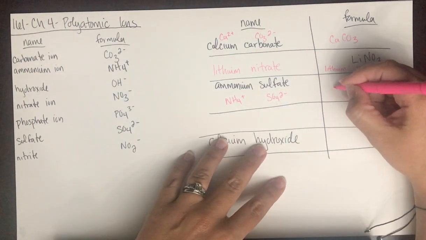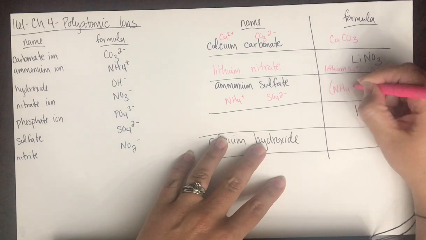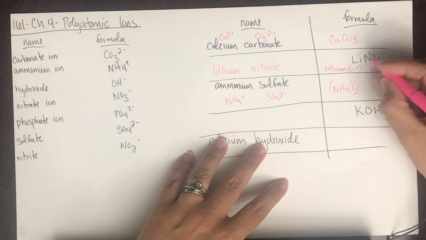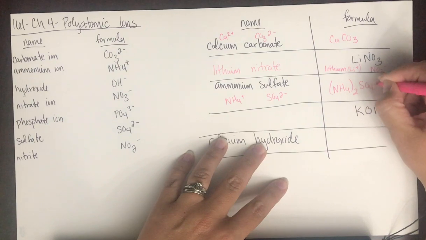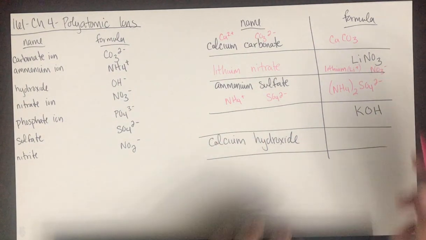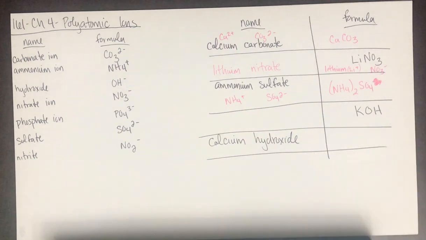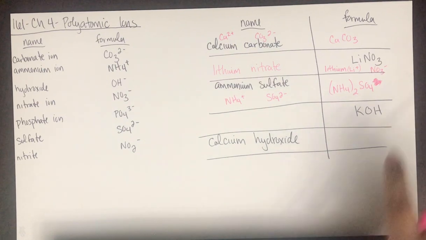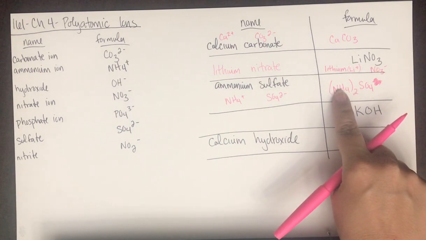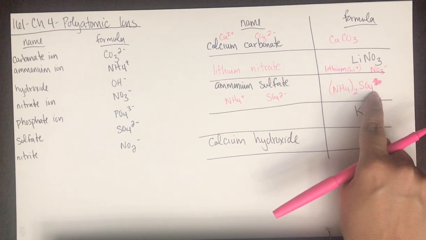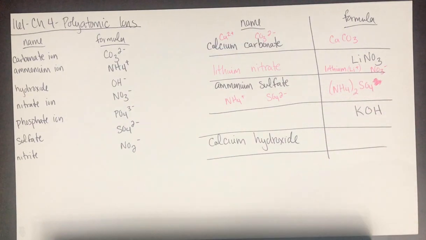So the way that we show that is we write (NH4)2 and then sulfate, SO4. We don't write the charge in the balanced compound. So I have 2 NH4s, which have a charge of +1, so that makes +2. And then I have 1 SO4 sulfate, which has a charge of -2. So overall, this is neutral.